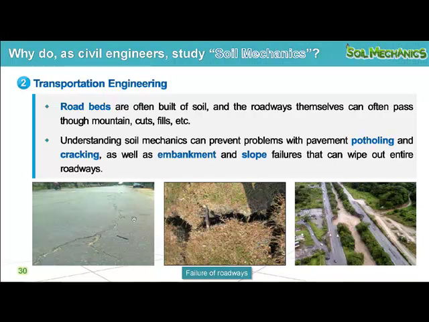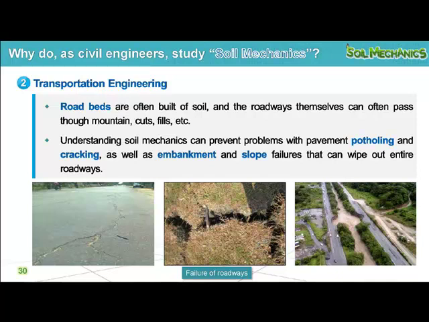This can happen due to the underground soil foundation of this road. The soil is not good, like expansive soil or swelling soil or weak soil.